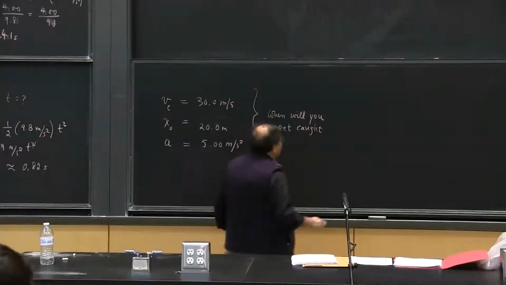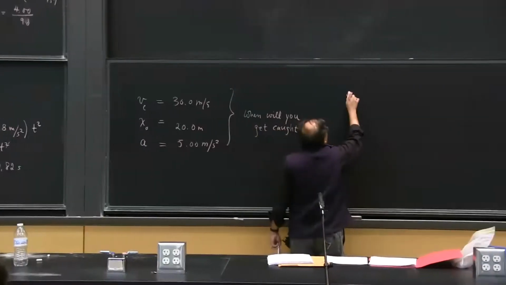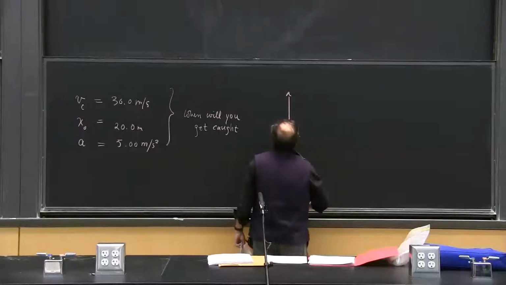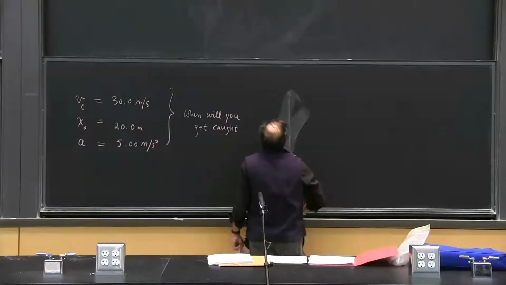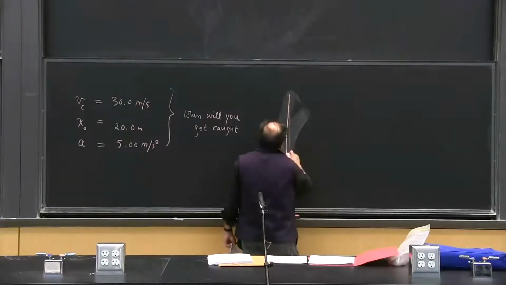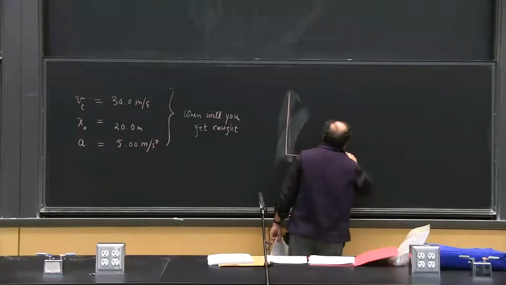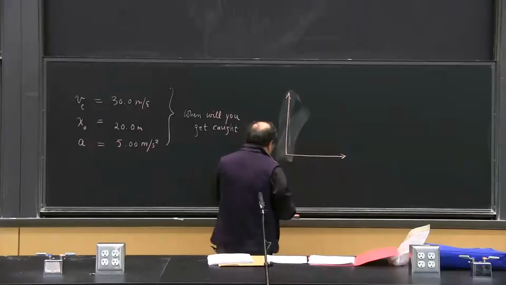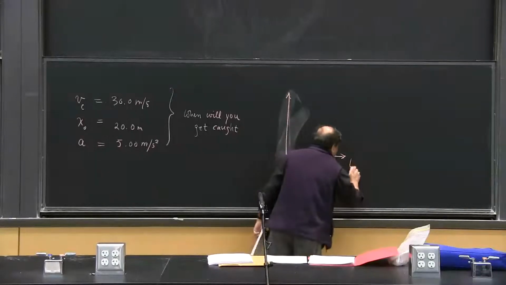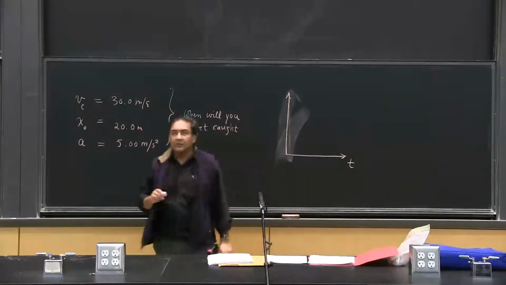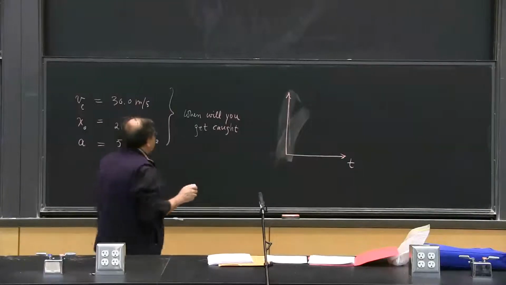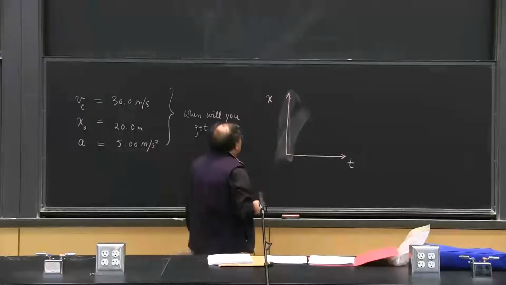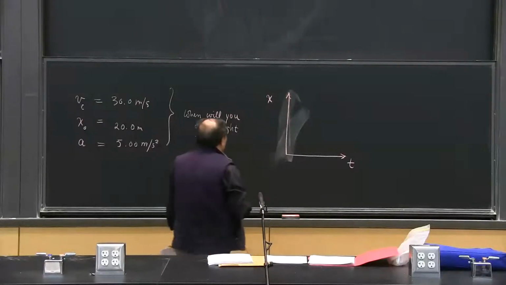So the smart thing to do here would be to put this problem in some sort of graphical analysis mode. Since time is the independent variable which I cannot control, I'll put time along the x-axis, and I will put distance traveled, displacement, along the y-axis.